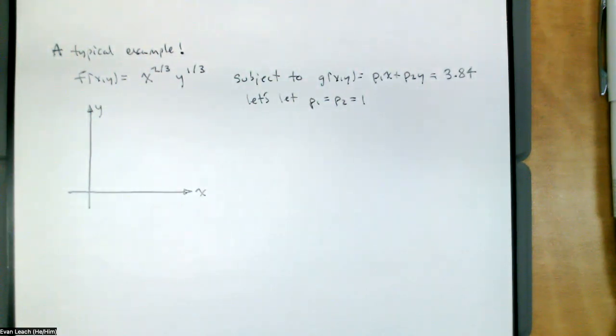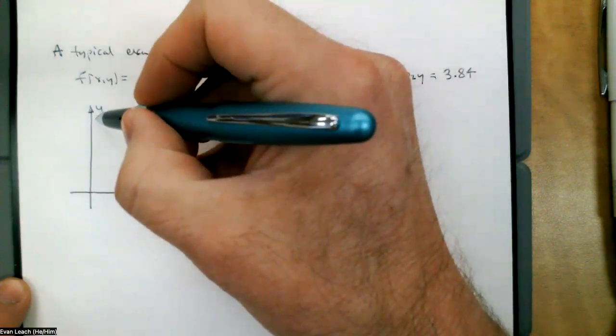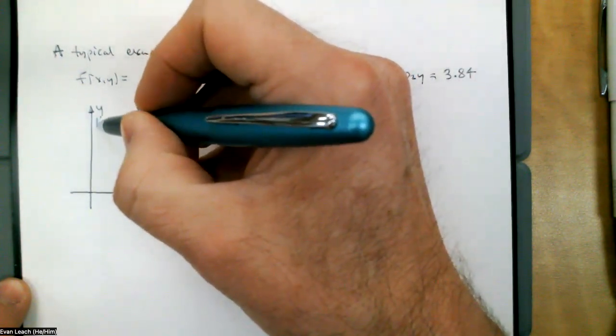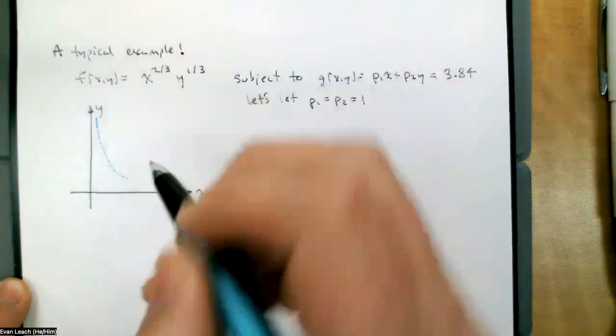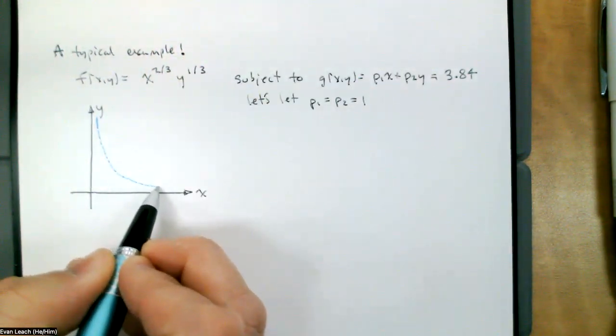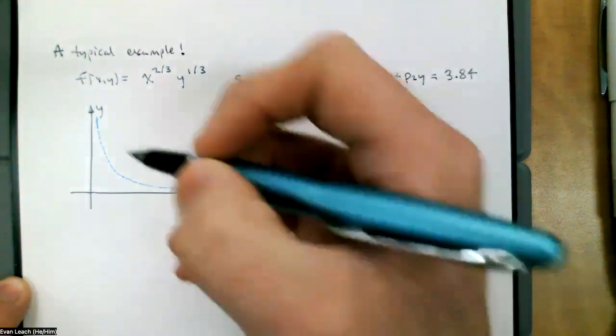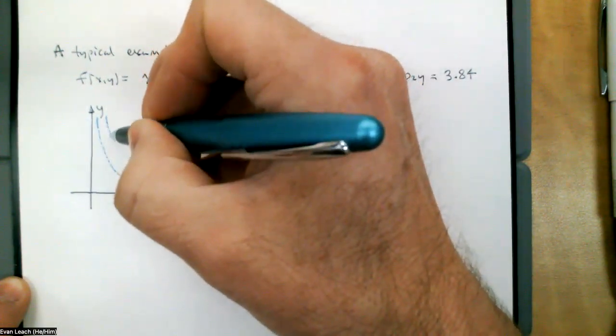So we have this surface, x to the 2/3 and y to the 1/3. We can see that as x and y get close to 0, we'll be headed towards 0, and as x and y increase, we'll be increasing. If we think about the form of this function, the contours of this function, there's a power of x and a power of y. They're inversely proportional. So we're going to get kind of this 1 over x shaped contour.